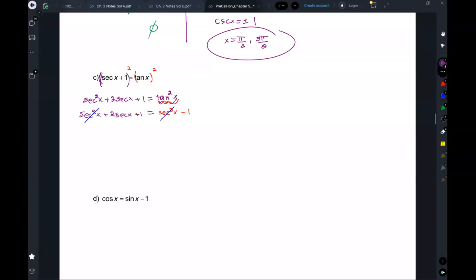So I basically have 2 secant x plus 1 equal to minus 1. So what I want to do now is minus 1, minus 1. So I have 2 secant x is equal to minus 2. Divide out the 2's. So secant x is equal to minus 1. Secant is like cosine. Where is it equal to minus 1? At pi. So x is equal to pi.